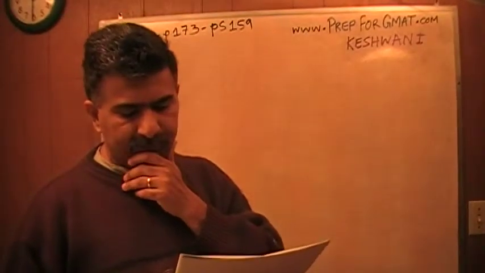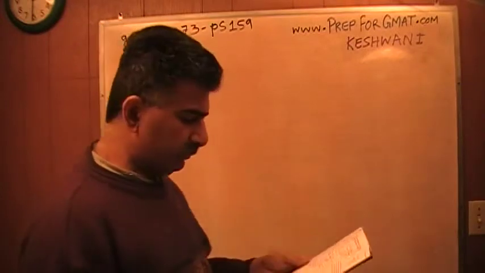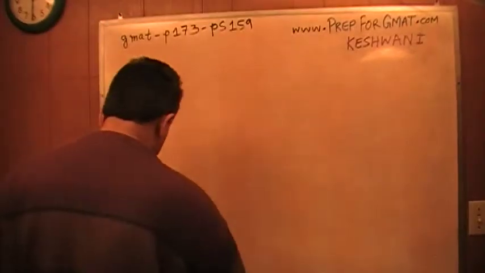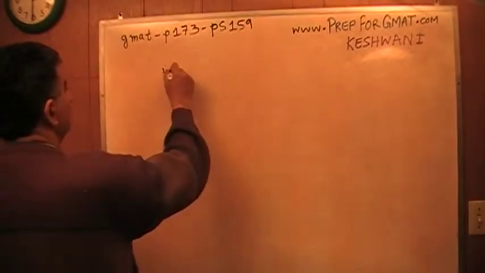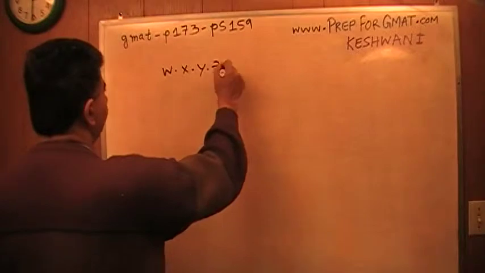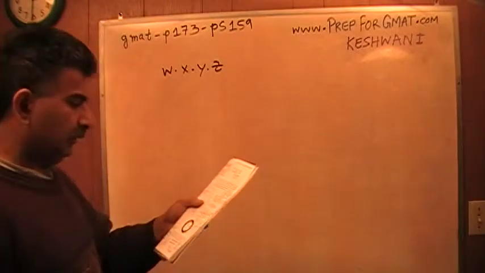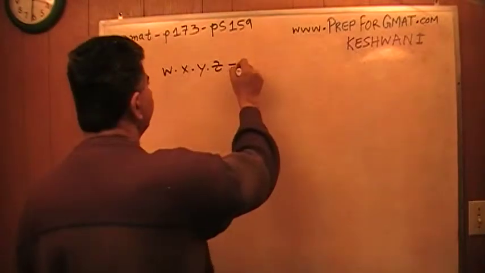It says that the product of integers w, x, y, and z is 770.